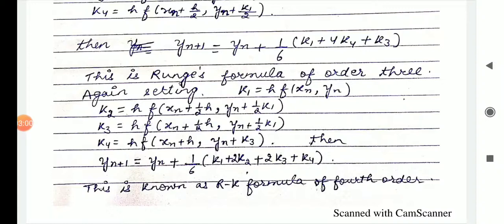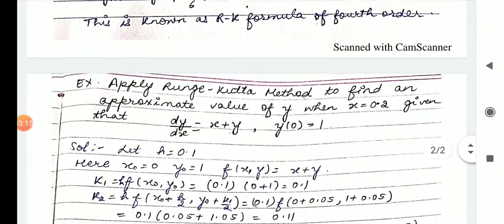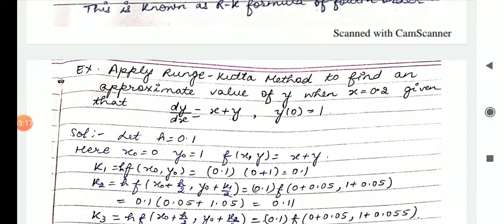This is known as the Runge-Kutta formula of order 4. So here we have three formulas: RK formula of order 2, order 3, and order 4. We can use any of these three formulas, or as mentioned in the question.